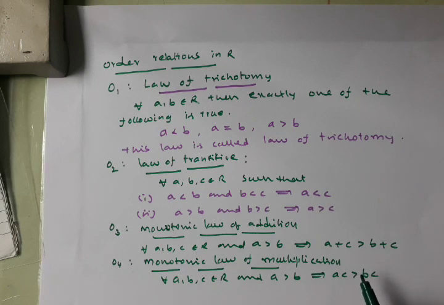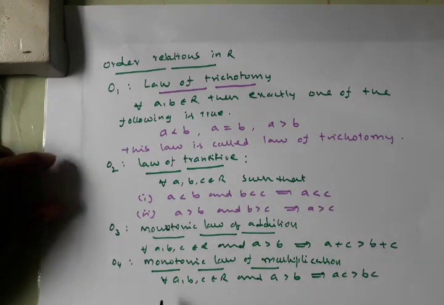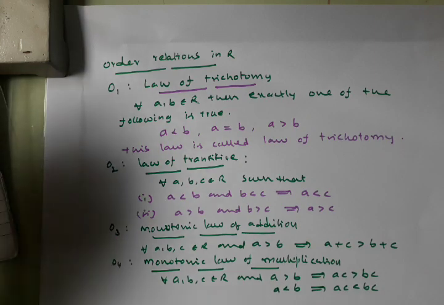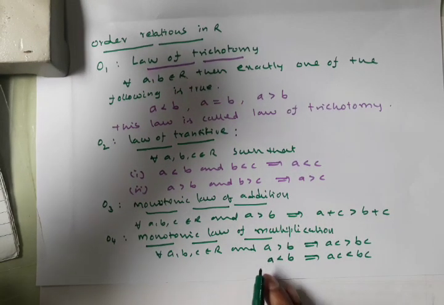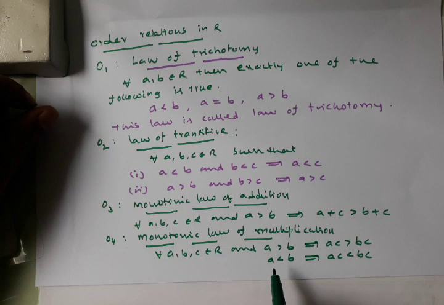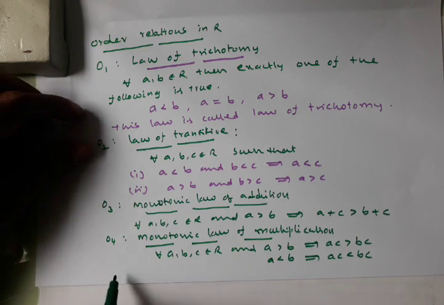Previously it was addition between the elements, whereas now it is multiplication. Suppose if A is less than B, then AC is less than BC. So these inequalities are true under the monotonic law.